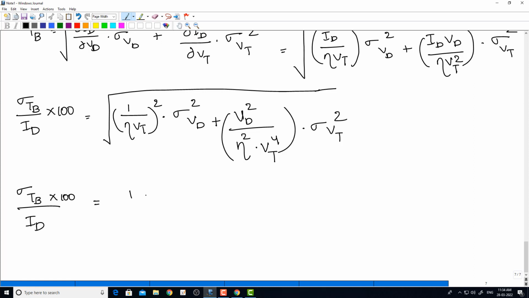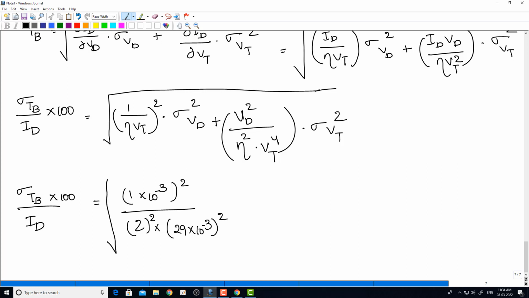Sigma Id by Id into 100 is equal to sigma Vd, which is 1 into 10 to the power of minus 3, whole square, divided by eta square, which is 2 square, into Vt, which is 29 into 10 to the power of minus 3, whole square, plus Vd square. How much is that?